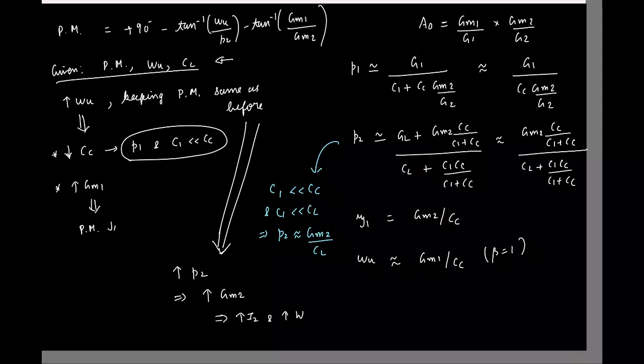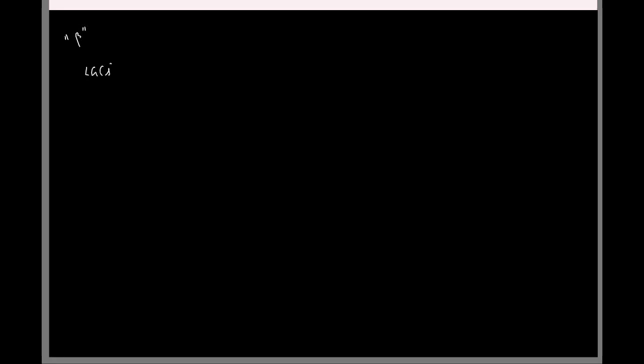Cool. Now let's look at the Bode plot. I'll assume we have a feedback factor of beta, so the loop gain is beta times A(s). I'll try to sketch the magnitude and phase here.